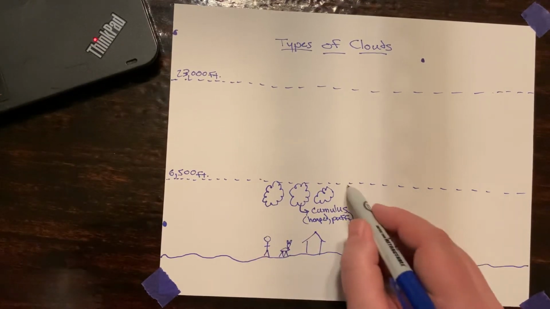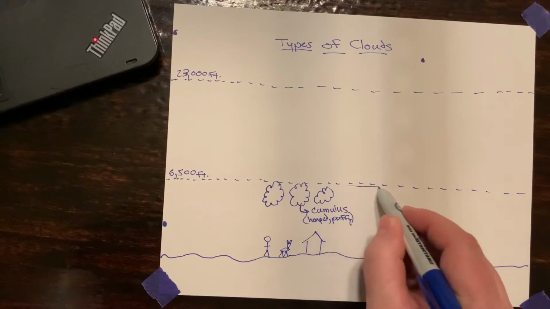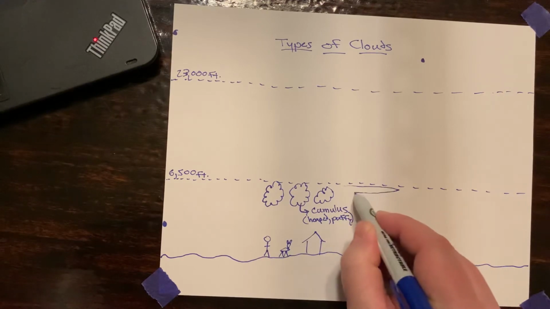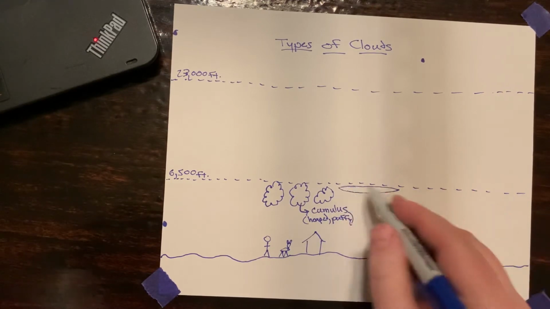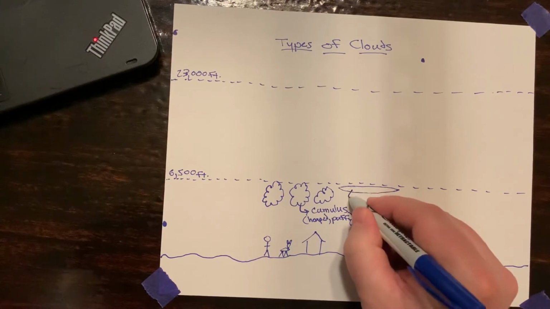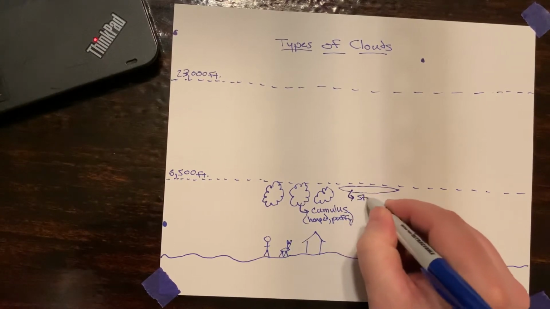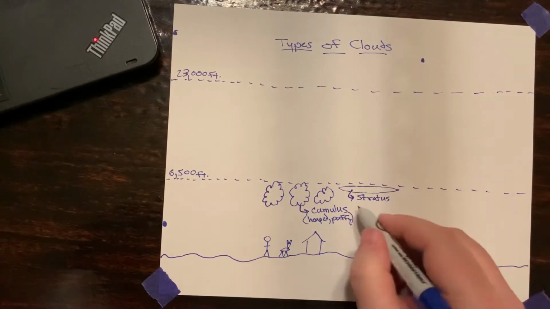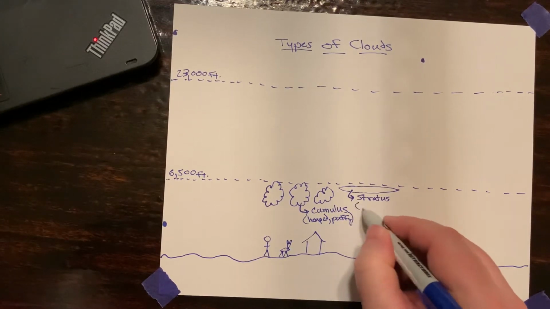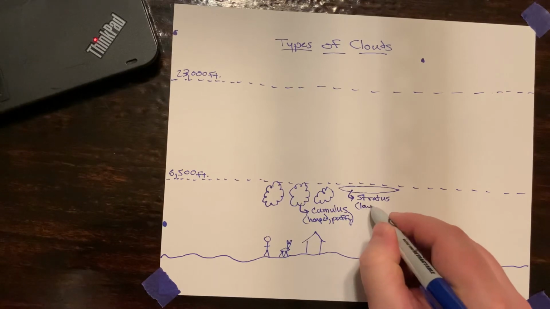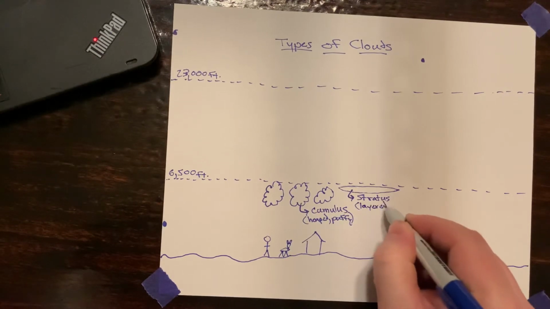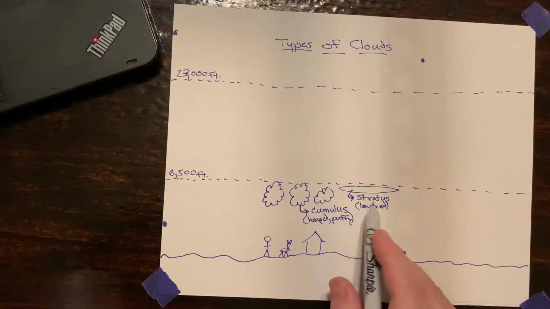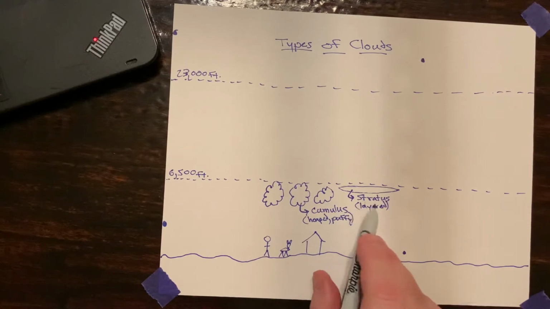Now, you can get other types of flat clouds, like sheet-like clouds that are brought in by warm fronts. And these sheet-like clouds are called stratus clouds. And stratus typically means layered. So stratus are these sheet-like layered clouds.